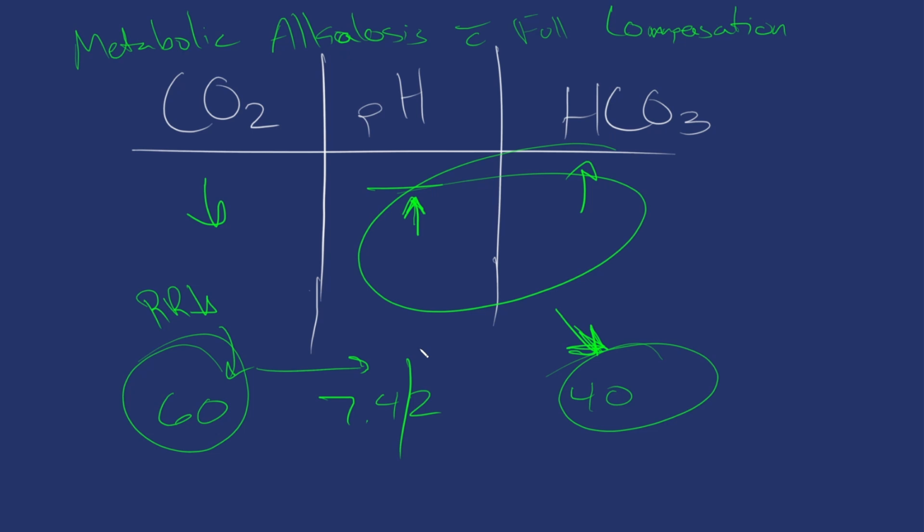And that's when we're talking about full compensation, is when the pH is normalized, but both of our lab values of the bicarb and CO2 are still pretty wildly off, right? Until one of those things is fixed, we're going to be at that point where those values have to be greater than or less than they're supposed to be to compensate for the other one that's messed up.